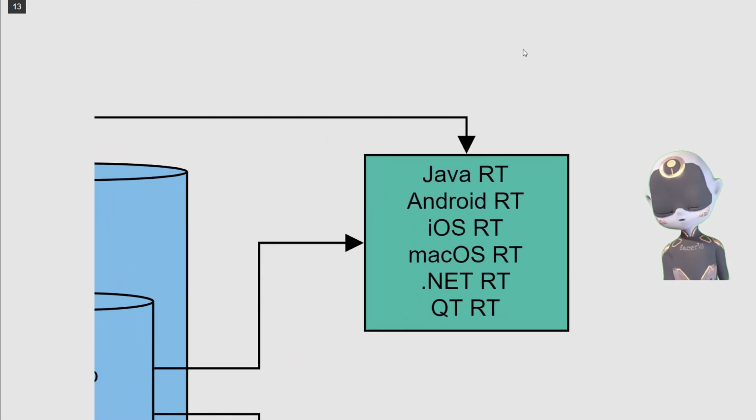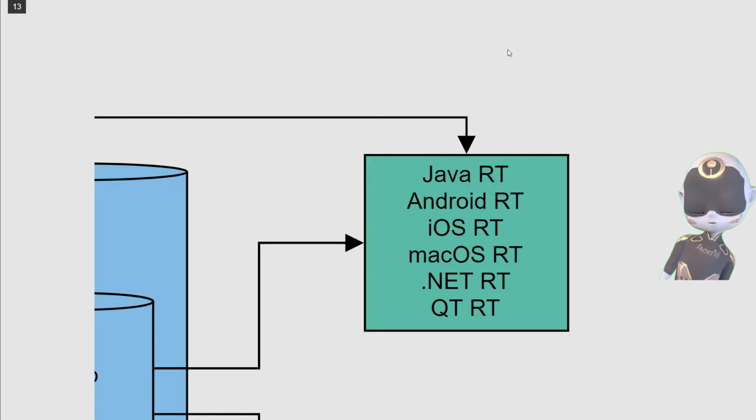Now there are lots of runtimes that can also pull in these maps and also pull in the apps and use them as data for the app that you're building. Maybe you're using the Java runtime, so you're building on the desktop. The Android runtime, you're on a phone or a tablet. iOS, iPad, iPhone, Mac OS, and a .NET runtime if you're on some Windows devices.